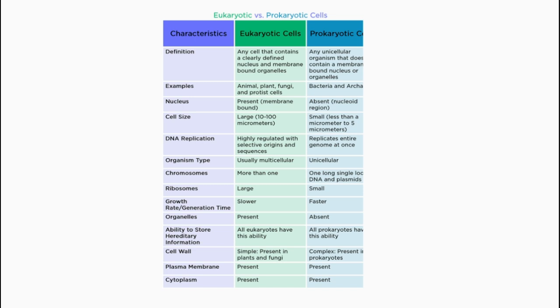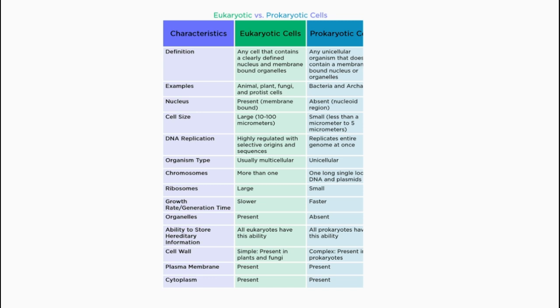Then over to our prokaryotic side. So yes, we have a small ribosome. So basically, eukaryotic cells have 80S ribosomes, and prokaryotic cells have 70S ribosomes, right? That's why they say it's smaller.